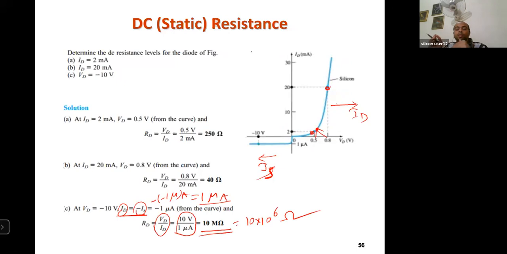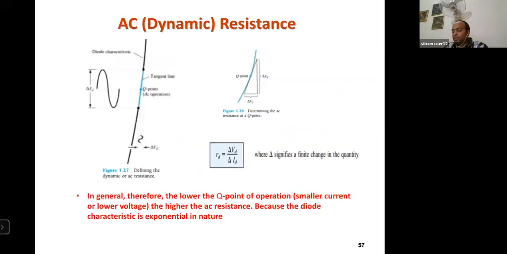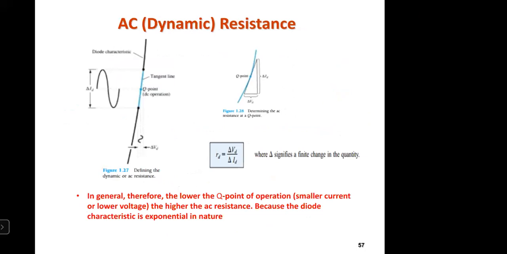When the diode is in reverse biased direction, resistance is infinite. Before the knee point, the resistance is somehow greater than the resistance after the knee point. Okay, understood? Yes or no? Yes, sir.